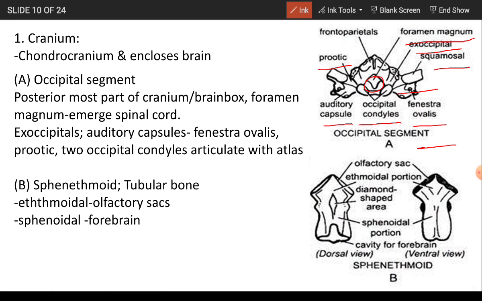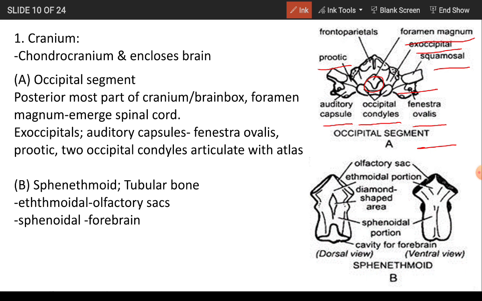The anterior wall, the roof and the floor of the auditory capsule is formed by an irregular cartilage bone called the prootic bone, and is partially covered on its outer dorsal surface by the squamosal bone.